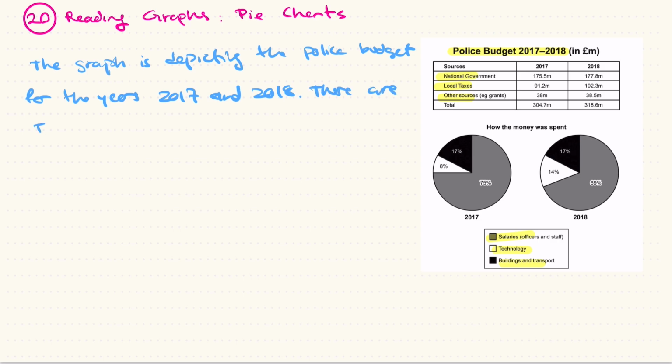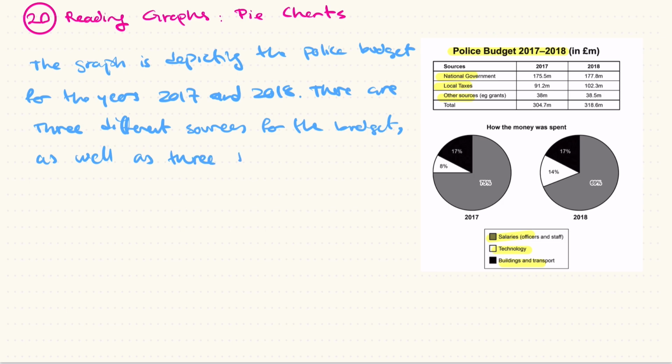There are three different sources for the budget, comma, as well as three different uses or spendings.